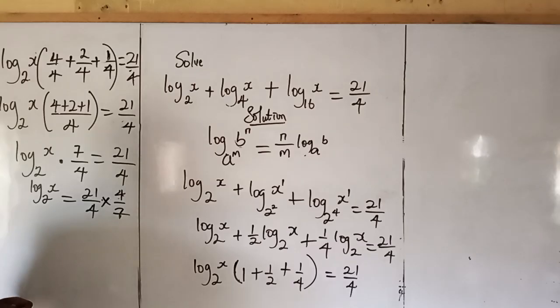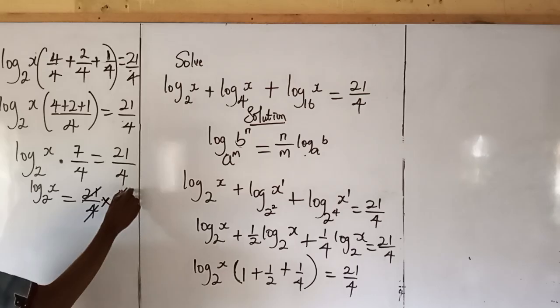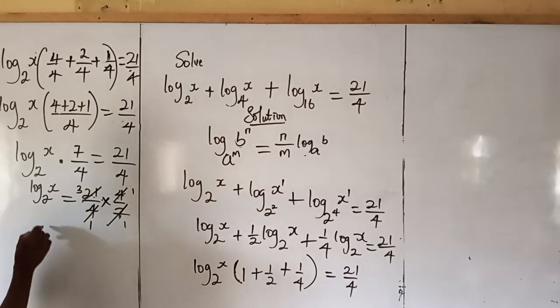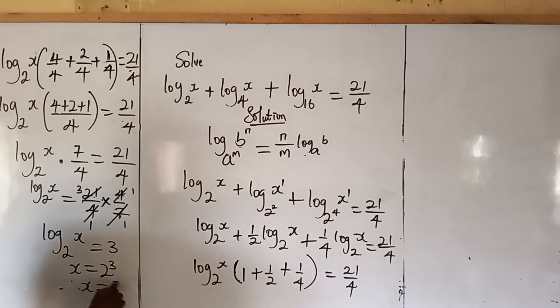The 4s cancel, and 7 into 21 is 3 times. So I have log 2x to base 2 equals 3. Changing this into an exponential equation, 2x equals 2 to the power of 3. Therefore, x equals 8.